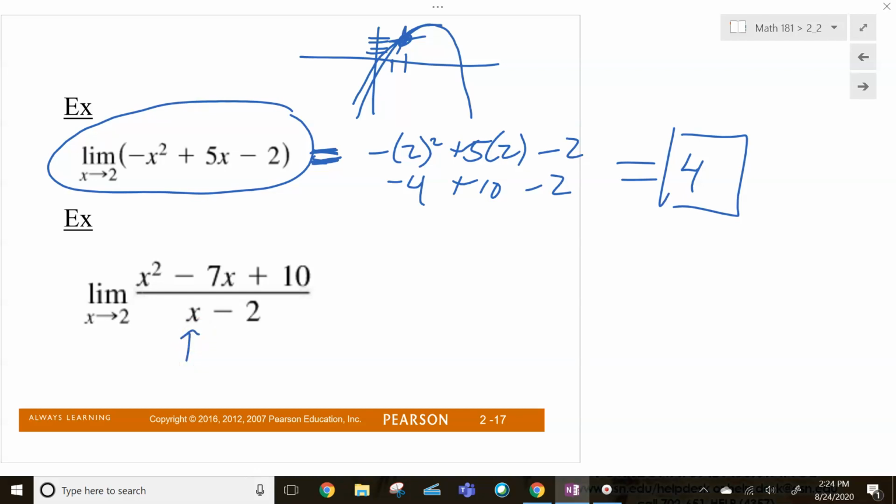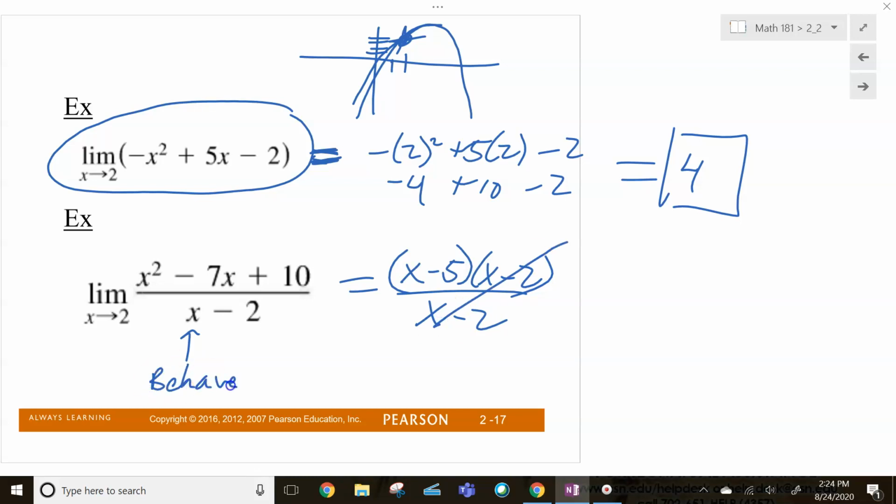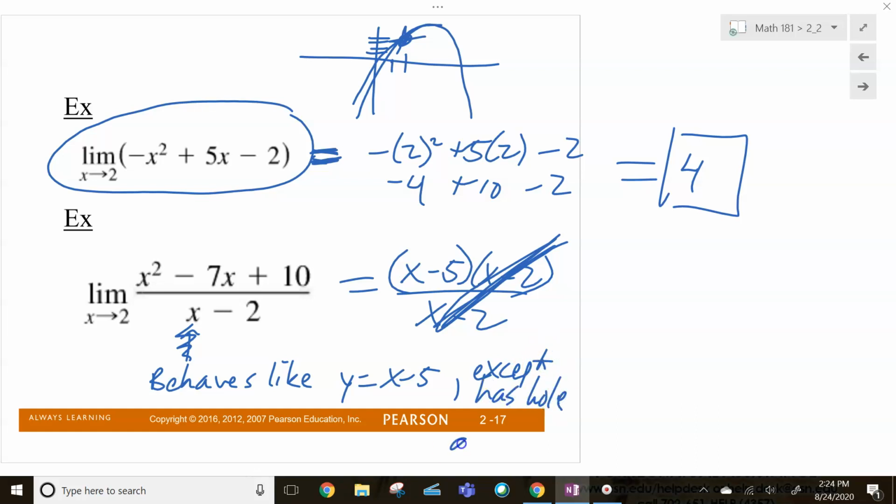So can we manipulate this algebraically? We know these rational functions sometimes factor. In this case, sure enough, it does. And we're like, oh, this is kind of like that first one we did, where this function behaves like x minus 5, except since these cancel, it has a hole at x equals 2.